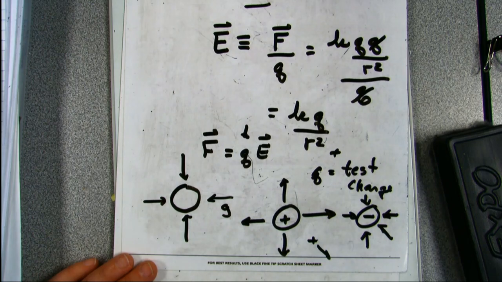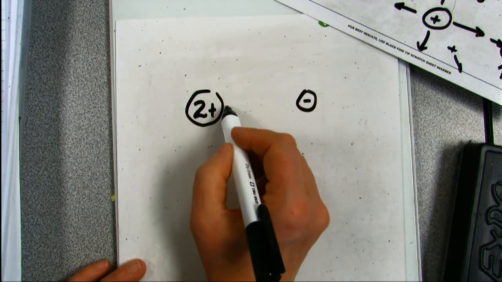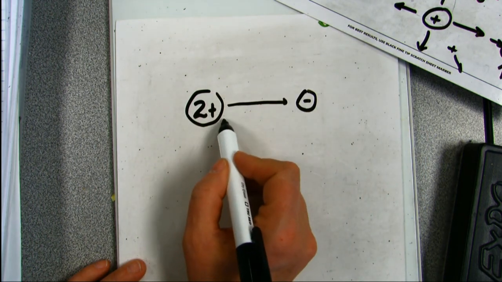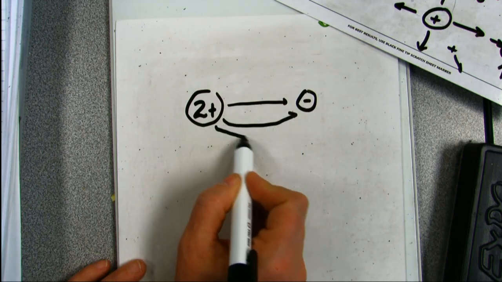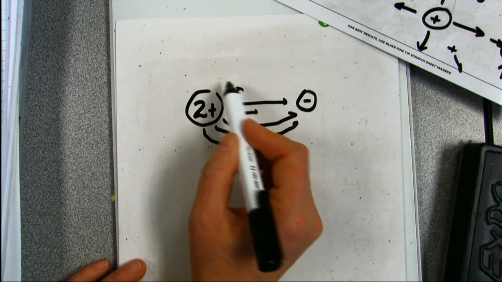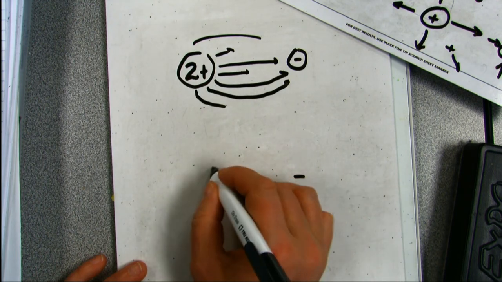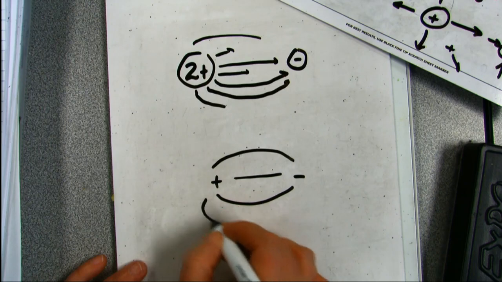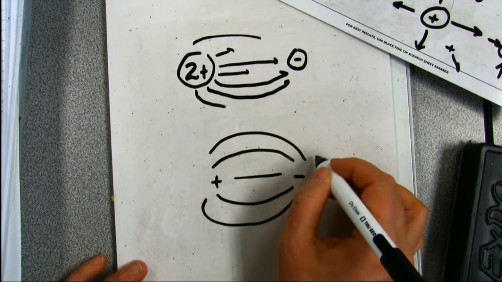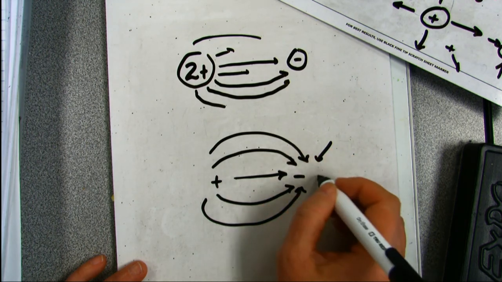So yes, this is one of those cases where Ben Franklin gave us, and as you guys have probably been doing in the lab or fixing to do in the lab, if I have one positive and one negative over here, I can draw my field lines. They're always going to go from positive to negative, and how closely these lines are together designate the strength of the field. If I wanted to do just my typical dipole, it's going to look like this. And these are going to come in to the negative and away from the positive.